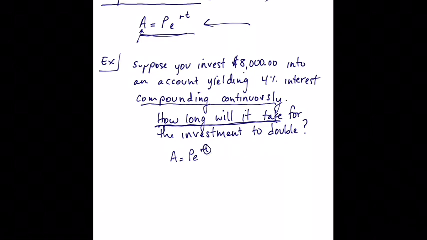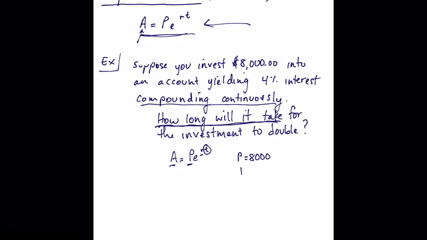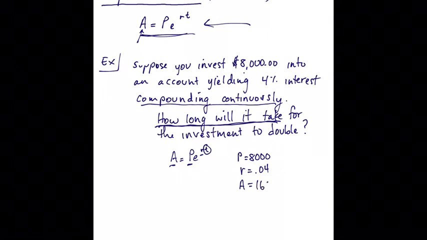So we're solving for a value of t, which means we have to have values for all of the other variables there. So the principal investment was $8,000. The rate was 0.04. And then it asks how long does it take for it to double. So the future amount is double what you start with, which is 16,000.